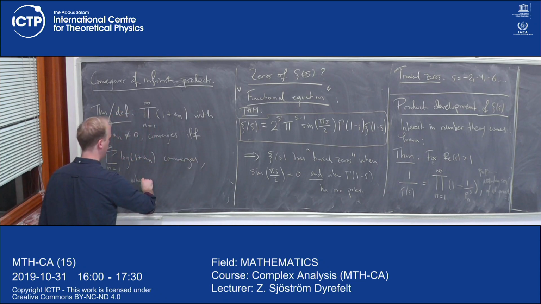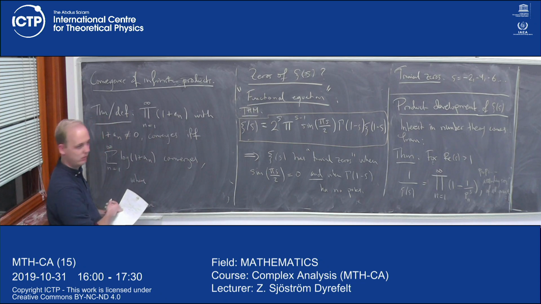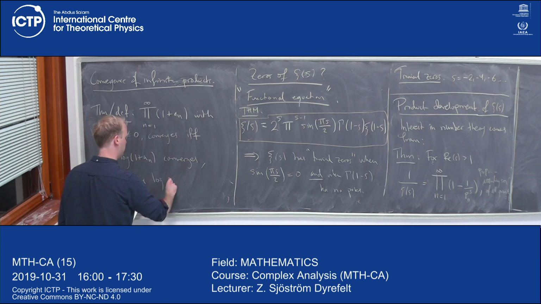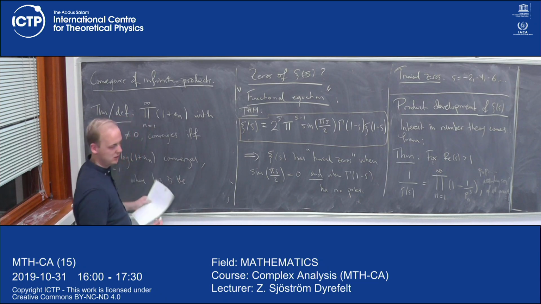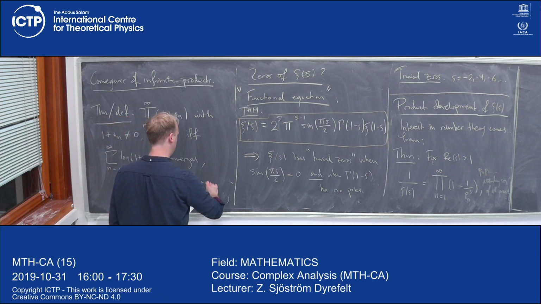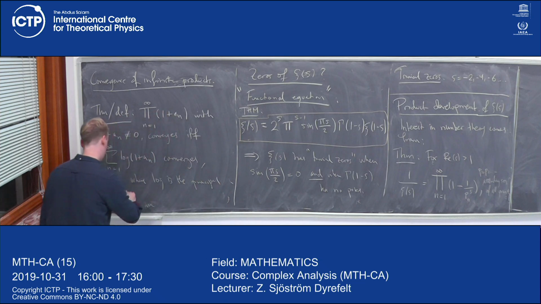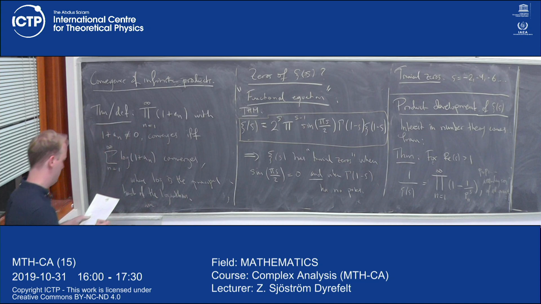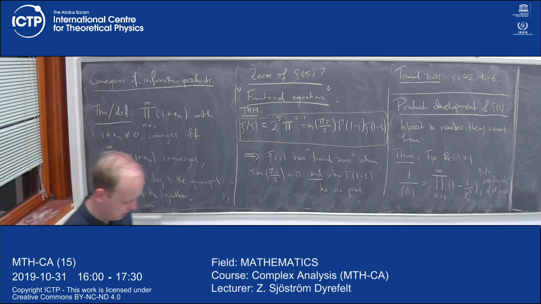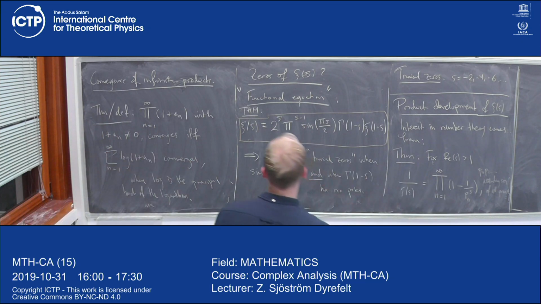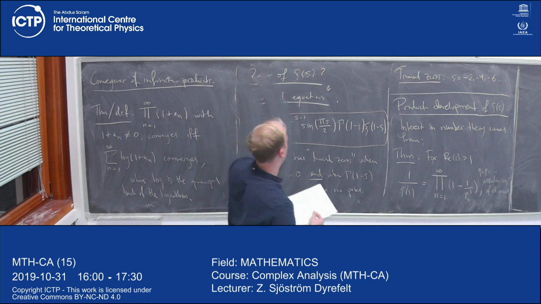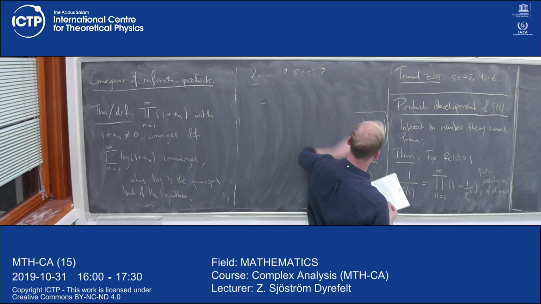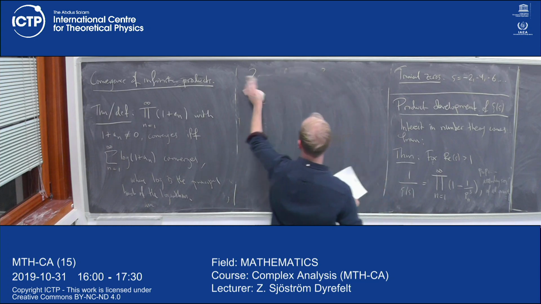And this is the logarithm of complex numbers, where log is the principal branch of the logarithm. So this is what it means to converge, and there is also a very useful theorem that gives an alternative formulation of what it means for an infinite product to converge.